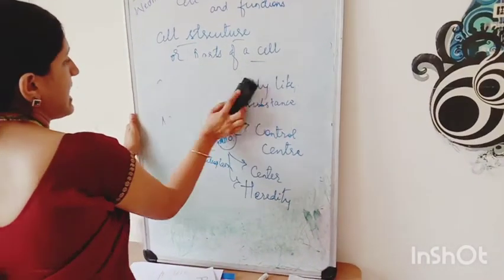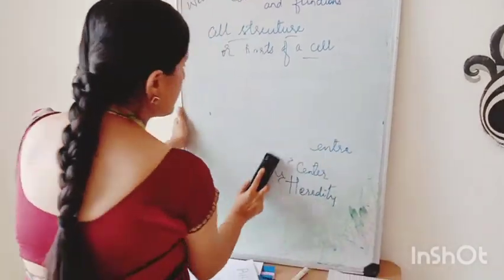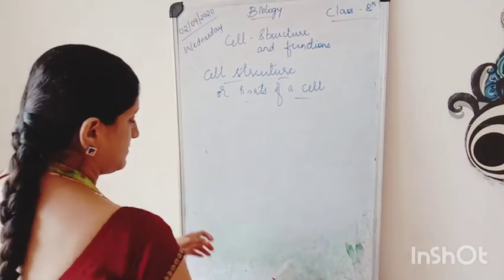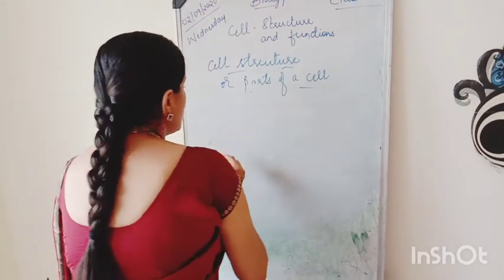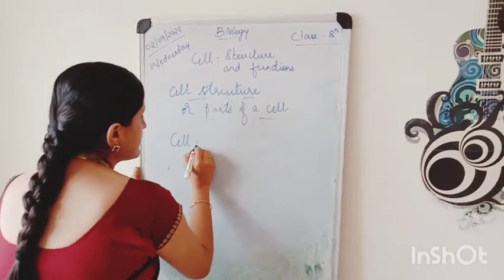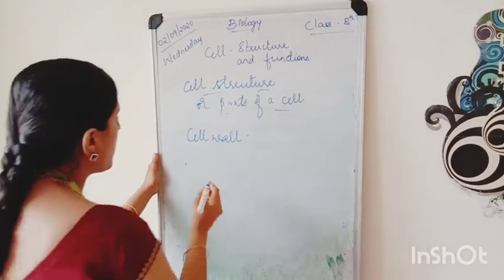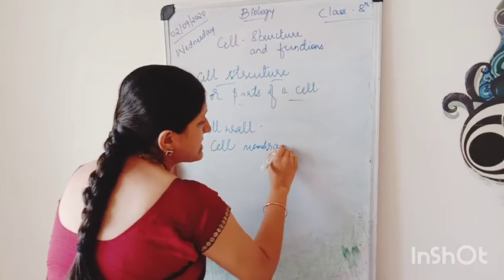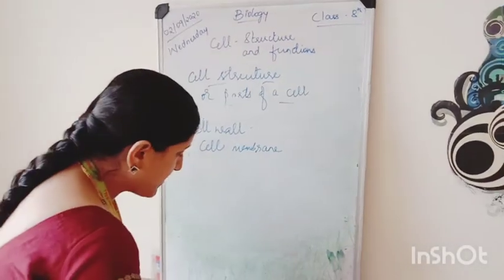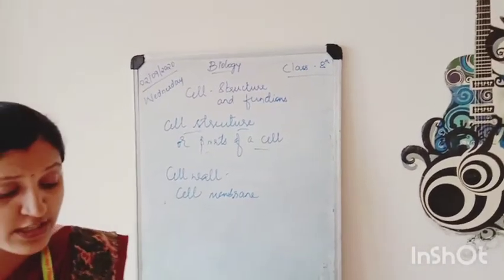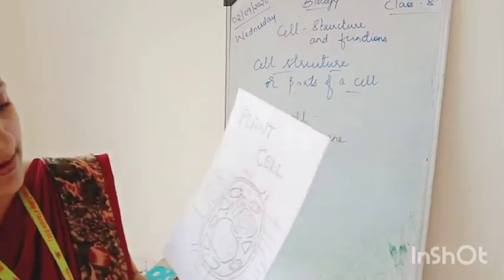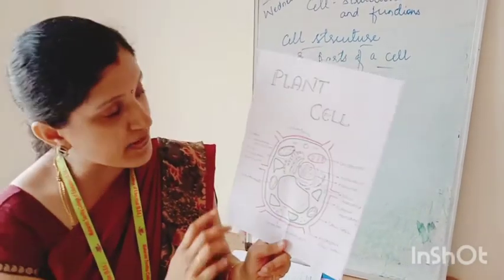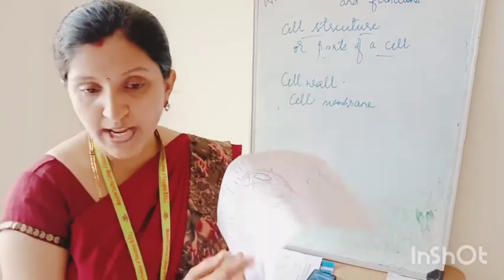In case of plant cell, the same things are present but there is a little difference. In case of plant cell, there is a cell wall. The outermost is the cell wall, then comes the cell membrane. Why is the cell wall present in plant cells? The cell wall is responsible for providing protection.